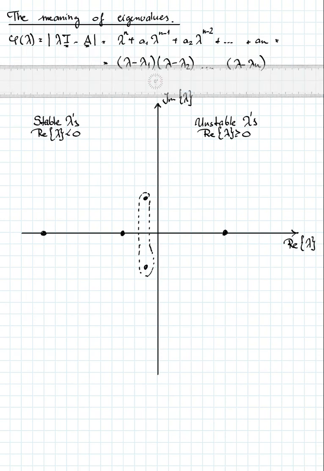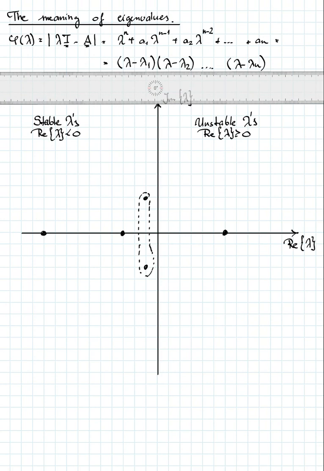And if we solve this polynomial equal to 0, we can get the eigenvalues lambda 1, lambda 2, etc., lambda n. Lambda can be a pure real number. Lambda can be a complex number. In general, it's complex, of course. It can have a positive real value, negative real value, and so on.